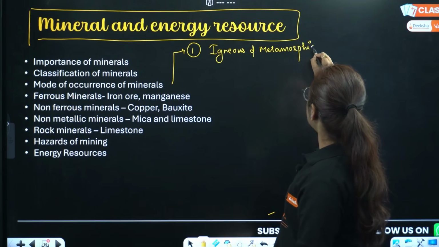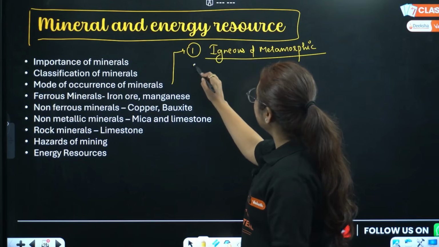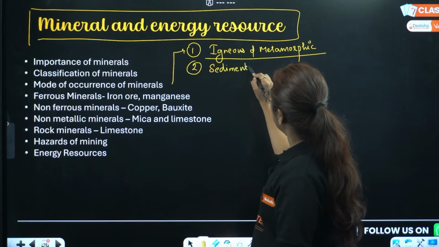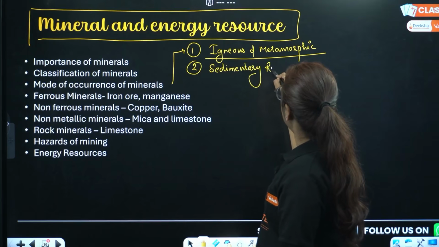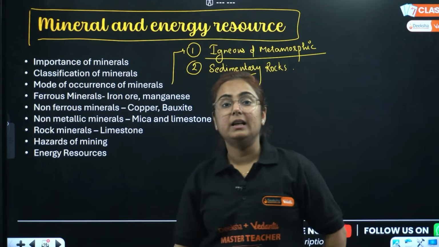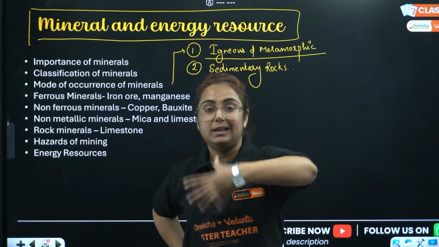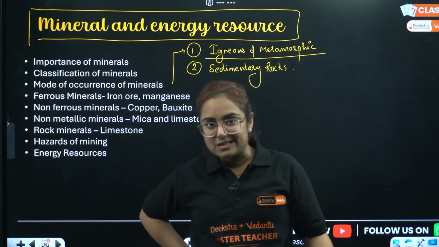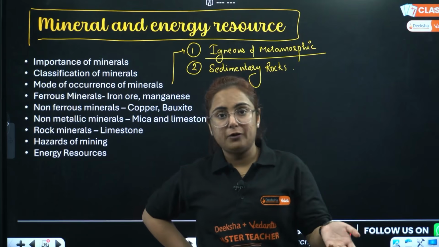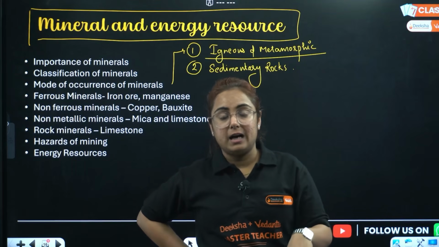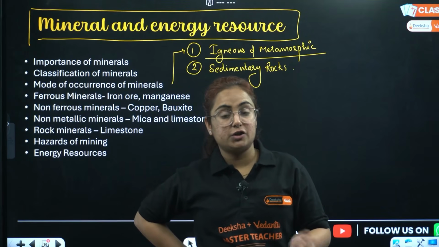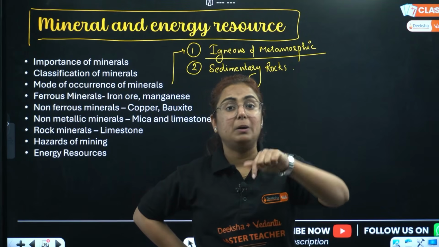Second is the sedimentary rocks. If I talk about igneous rock, because of lava when it comes out, cools down, it forms rocks in which minerals are found. Metamorphic, when these rocks are exposed to heat and pressure, changes take place, rocks are found, minerals come out.